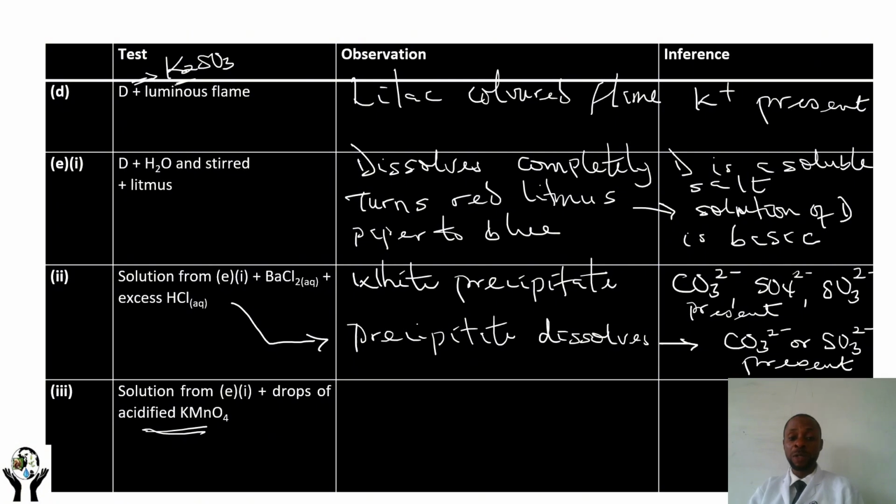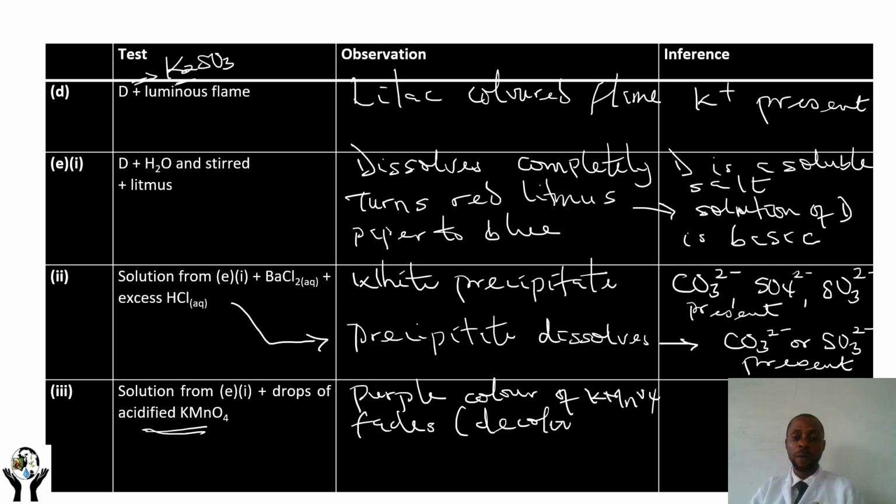So when you add drops of it to the solution of that particular sample, you are going to observe that the purple color of the KMnO4 fades, or better say, it decolorizes. It decolorizes. So that test shows that a reducing agent is present.